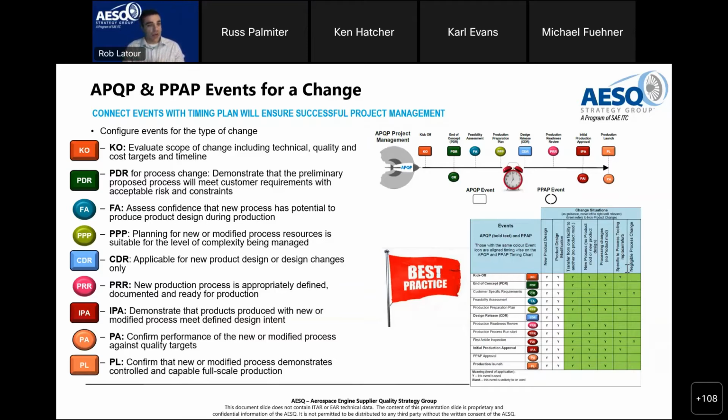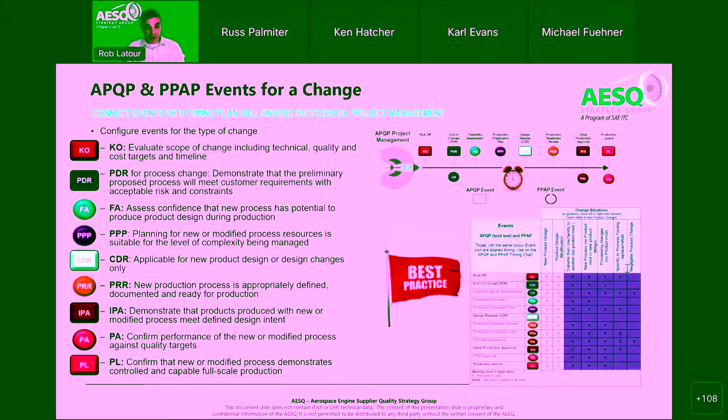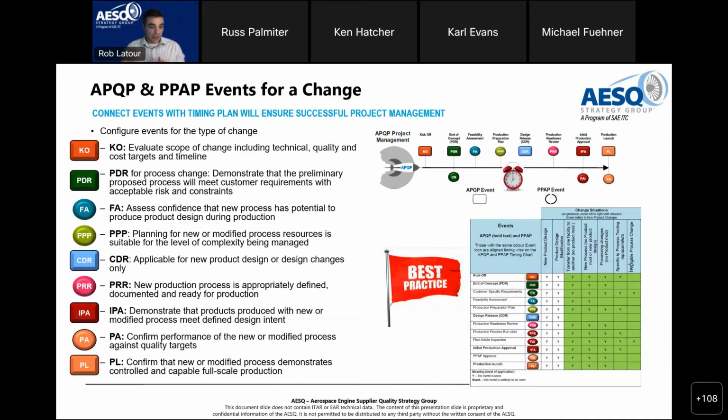When you get into manufacturing changes or process changes, again, we're going to look at specific events that are applicable to that change and configure them to what we need. So if we're modifying, say, a process, going to put together some new parameters, trying to make a quality improvement, we're certainly going to need to do a kickoff and understand the feasibility of does this concept of the new parameters match what our customer requirements are?